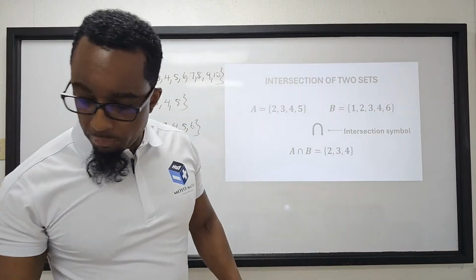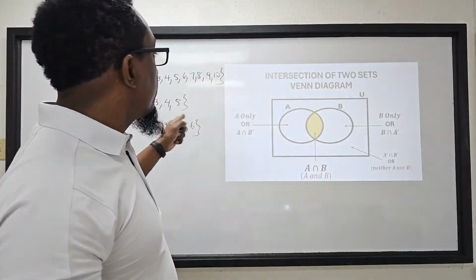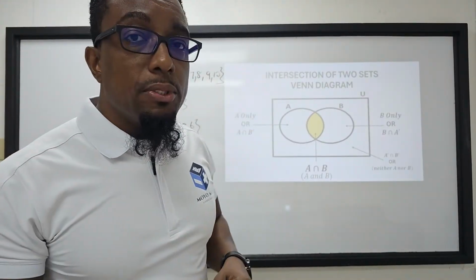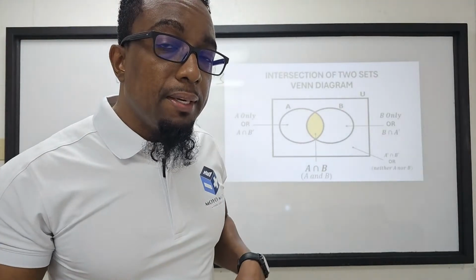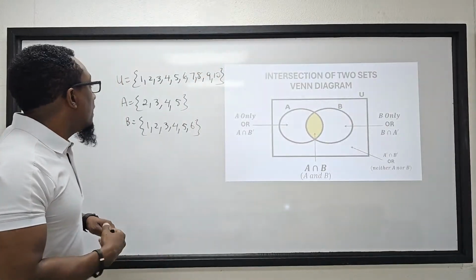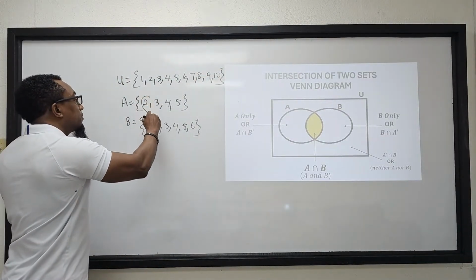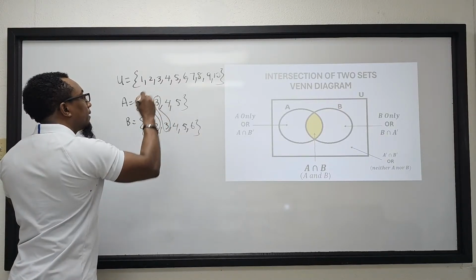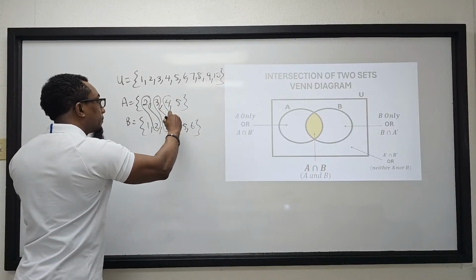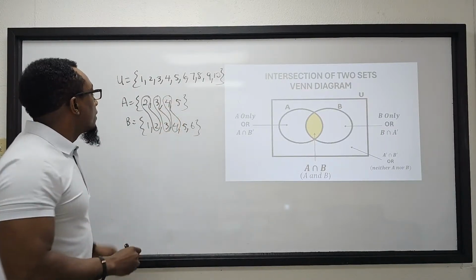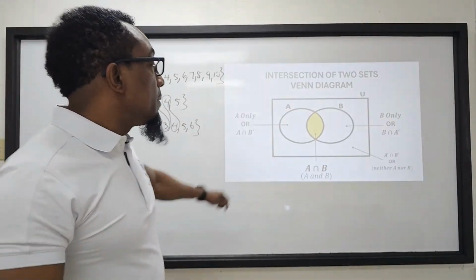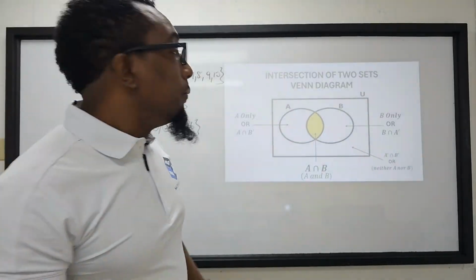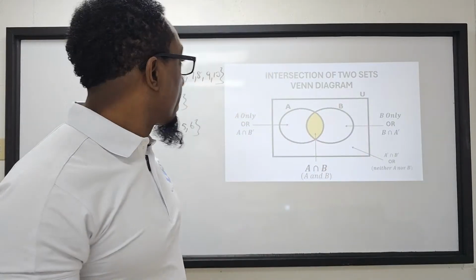Okay? And what we want to do is to place that information in this Venn diagram. Now the Venn diagram we're going to draw will be one circle overlapping the other. Reason being, I have elements common to both: 2 and 3, as well as 4. But I have remaining elements in A, which will be placed in this region known as A only, and I have remaining elements in B, which will be placed in this region, B only.